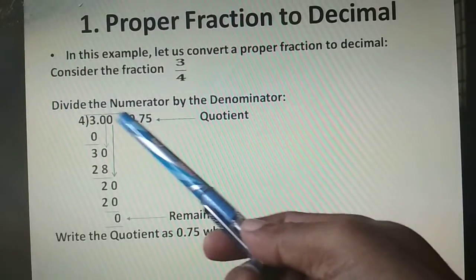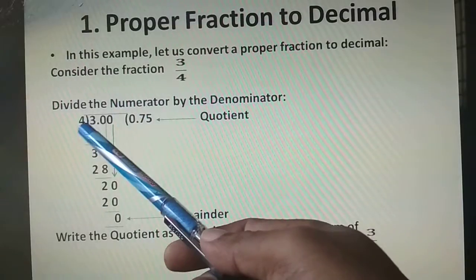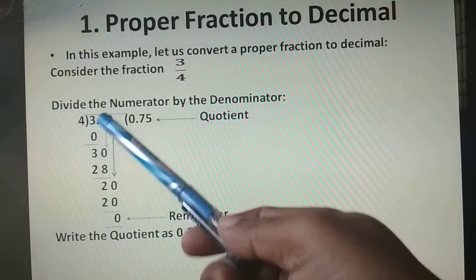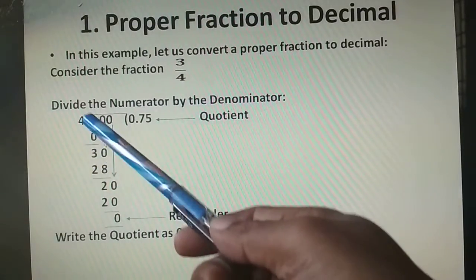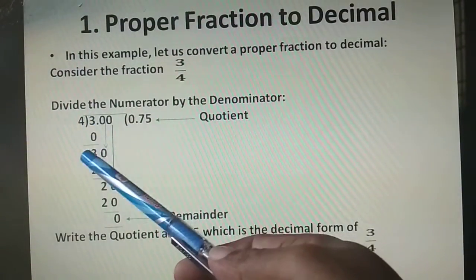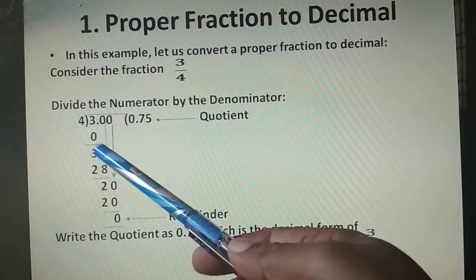So we put a 0 here. Multiply 4 by 0, you get 0. So put it over here. Then subtract, and you will get 3. You bring down the 0.